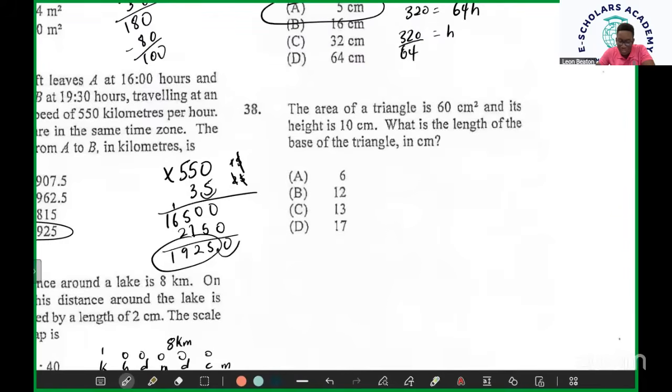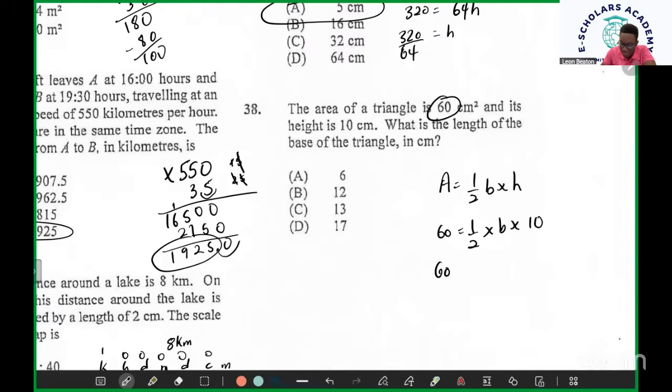So the area of a triangle is 60 cm squared. Its height is 10 cm. What is the length of the base of the triangle in cm? So the area of the triangle is half base times height. So the total area is 60. So 60 is equal to half times the base, which is what we want to find, times the height, which is 10.